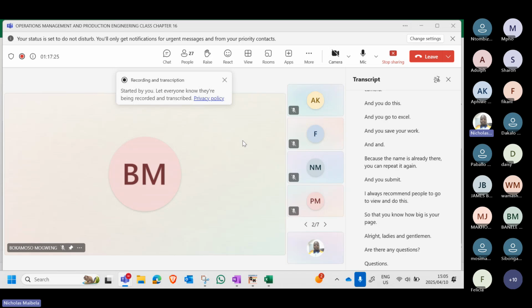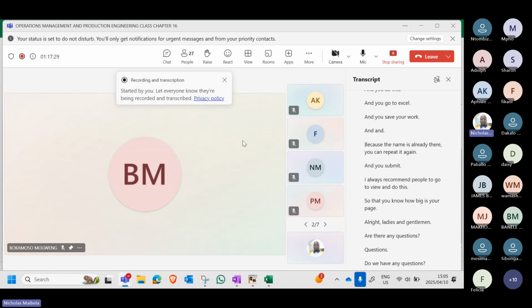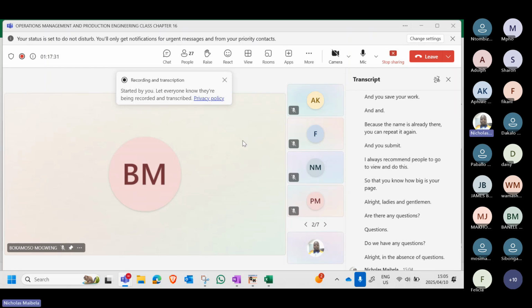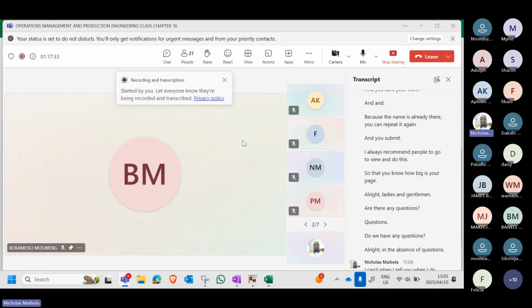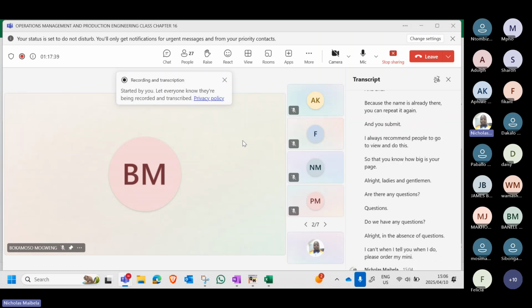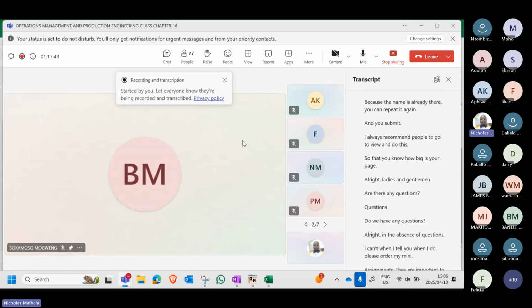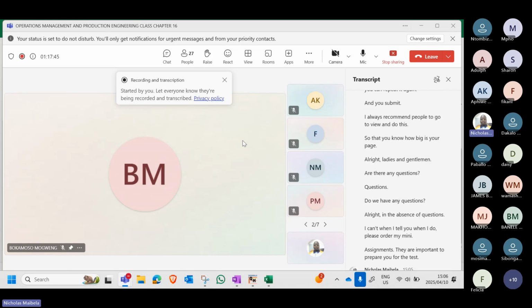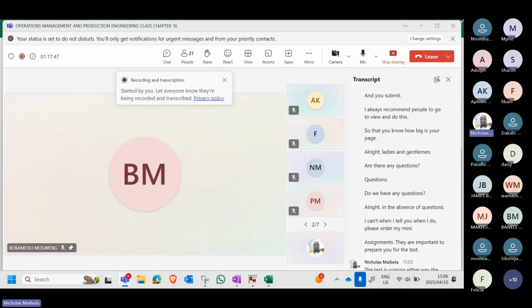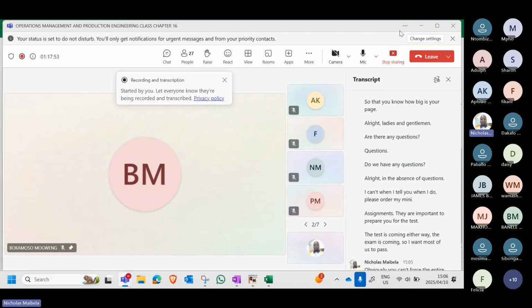In the absence of questions, please honor my mini assignments. They are important to prepare you for the test. The test is coming either way. The exam is coming. So I want most of us to pass. Obviously, you can't force the entire class to pass, but at least most of you.